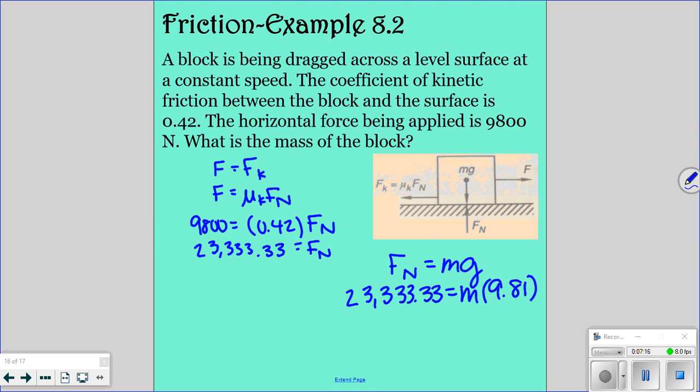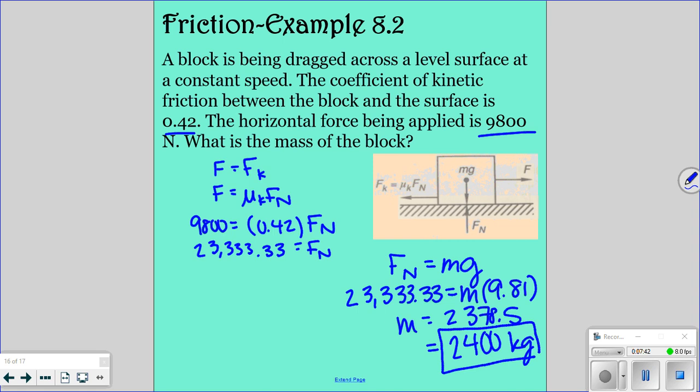So we're going to divide that number by 9.81, and I get a mass of 2,378.5. Here we only have 2 sig figs on both of these problems, so our answer can only have 2 sig figs. So 2, that 37 is going to round to a 4, and then 0, 0. And it's mass, so mass is kilograms. So there would be your answer for that friction problem.